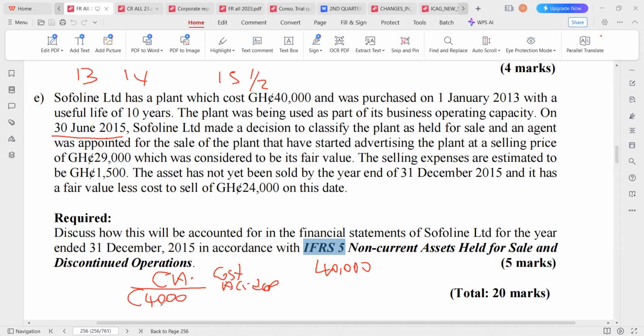There's a shortcut I can use, but you only do it when you are designing a marking scheme. What do you get as your final answer? 10,000. You are right. So what's the carrying amount?